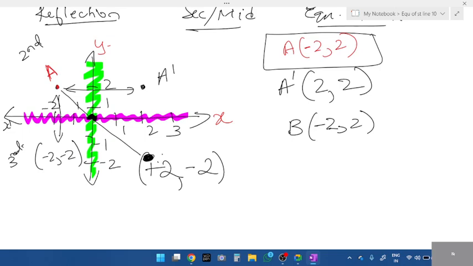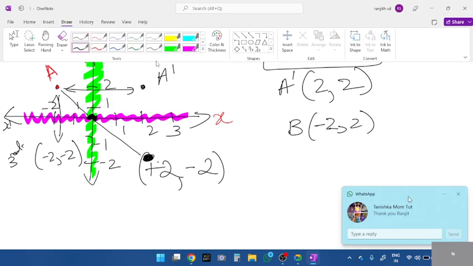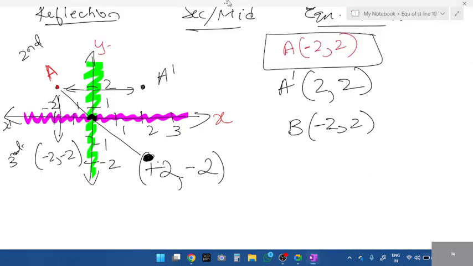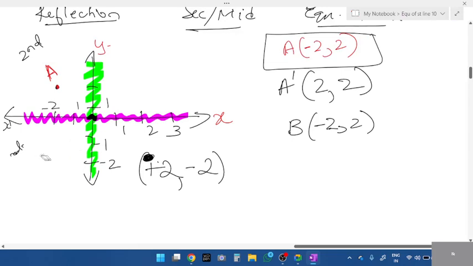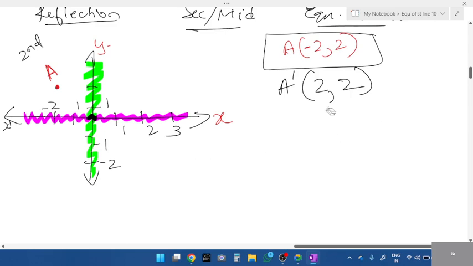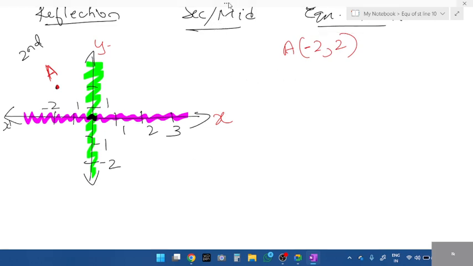Is this clear? Any doubts in this? No doubt. Okay, next. Through origin it is done. What if the mirror is placed in any of the quadrants? In any of the quadrants, then we take an extra value. Now look, I'll keep the point A as it is.